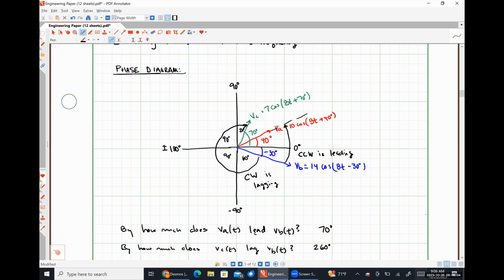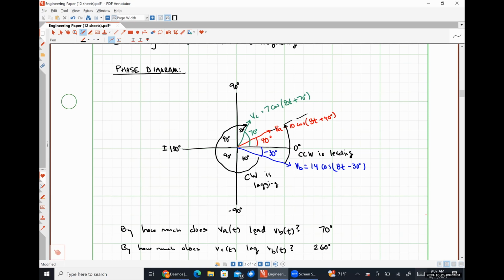If you're asked for leading, you go counterclockwise. If you're asked for lagging, you go clockwise. So the second signal is your reference point that tells you where to start your measurement from, and then leading or lagging tells you in which direction to measure the angle. Okay? That's as hard as it needs to be.